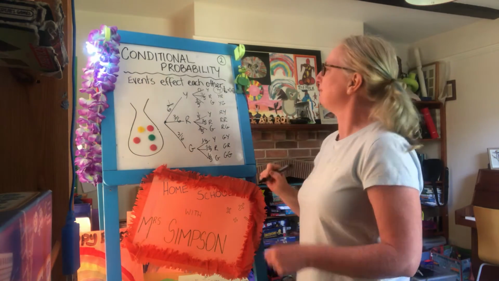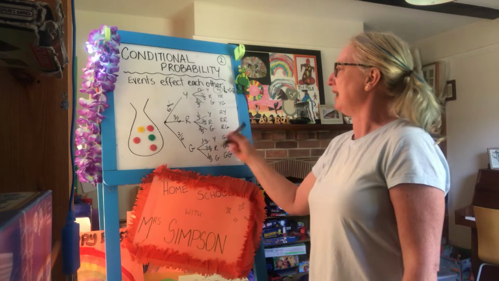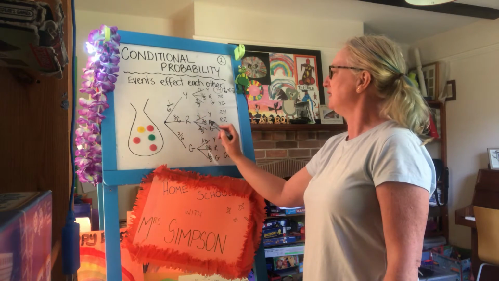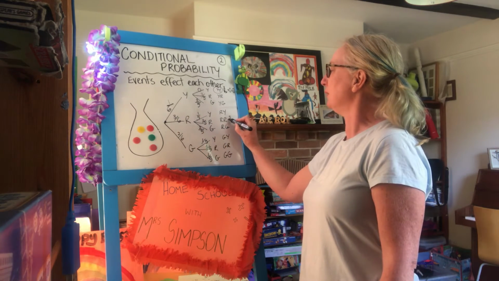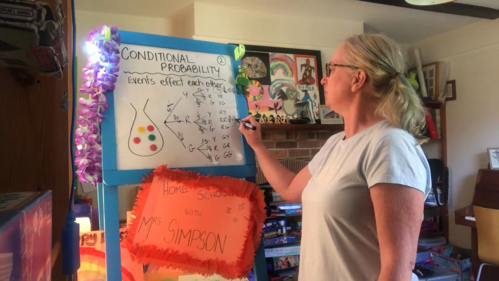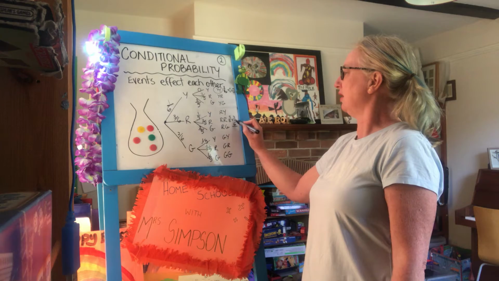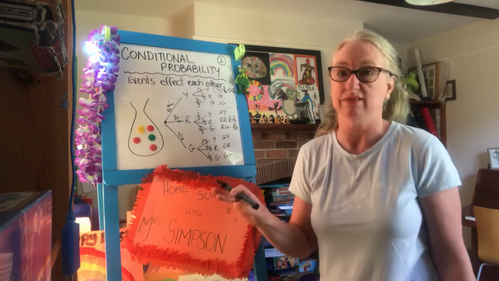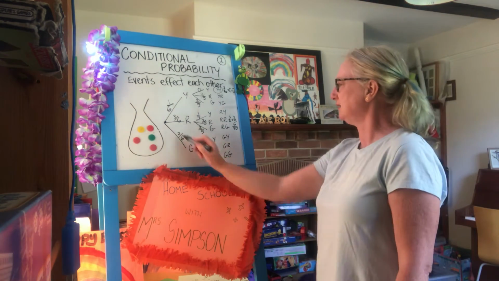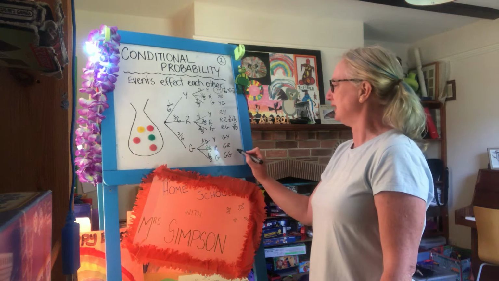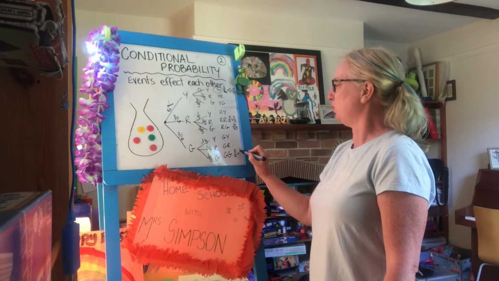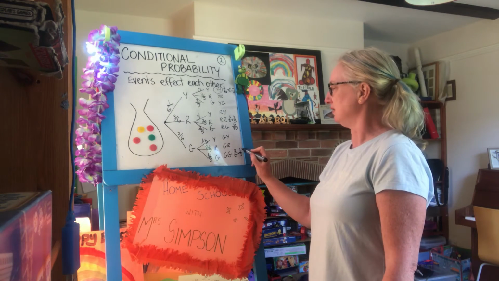Chance of getting a double red is 3/6 times 2/5, which is, straight across the top, 6 over 30, which will cancel down once we're finished. And a double green would be 2/6 times 1/5, which is, straight across the top, 2/30.